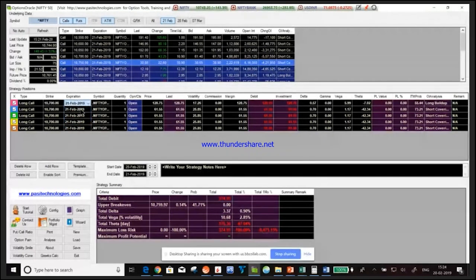So let me take these because I don't have it here for all. 21 Feb, 28 Feb, and 7th March. Okay. Now, if you see here, the Vega values.